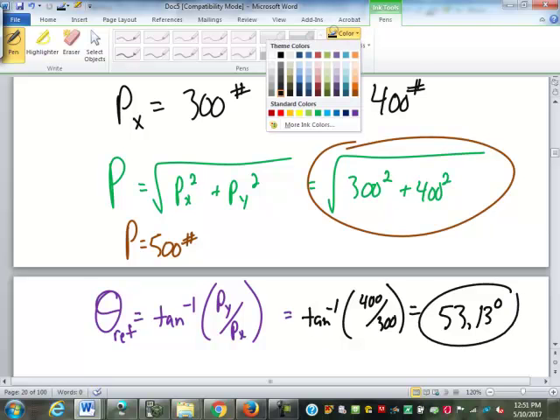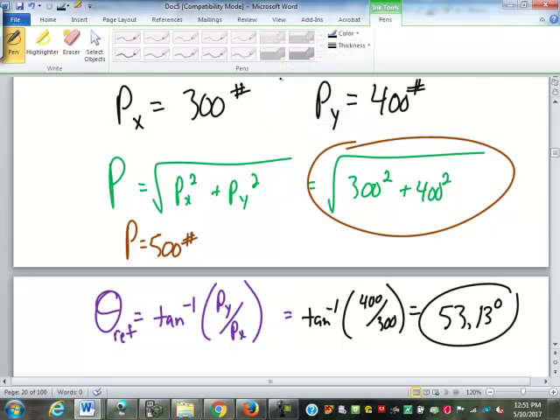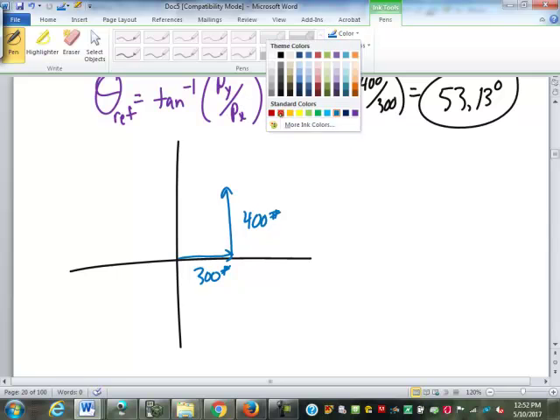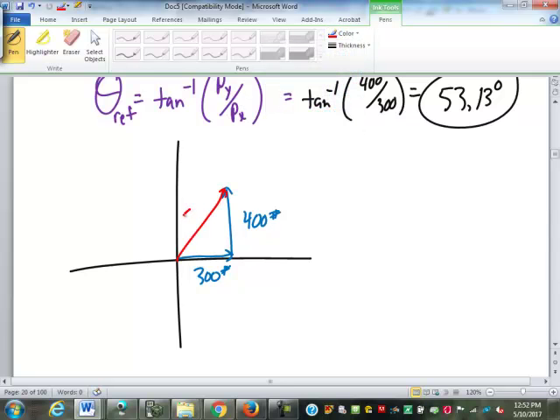So what does that mean? Well, let's do our little plot here. From the center, I've got 300 in the x direction, 400 in the y direction. That's 500 pounds. This angle is 53.13. So the magnitude and direction for this is just 500 pounds at 53.13 degrees.